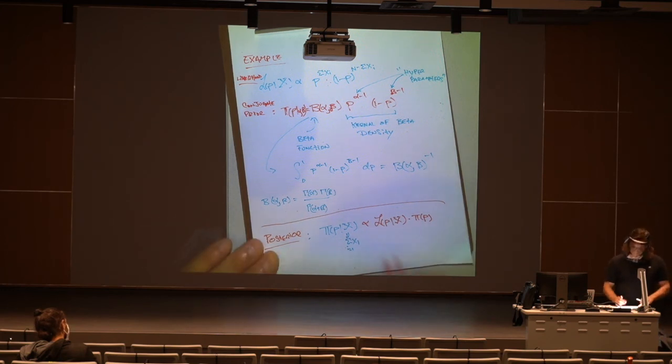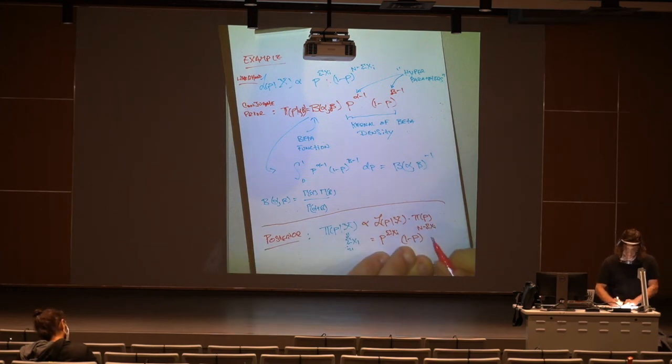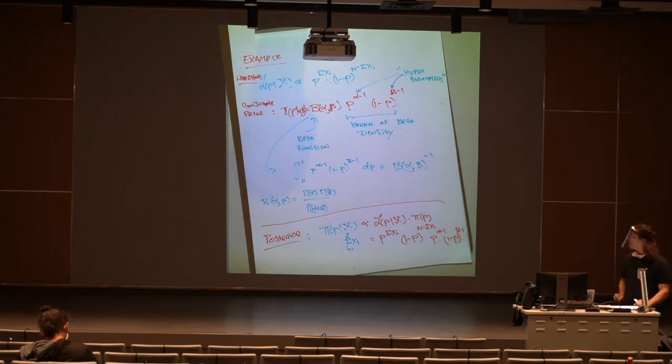So this is just equal to p to the sum of the xi's, times 1 minus p to the n minus sum of the xi's, times p to the alpha minus 1, times 1 minus p to the beta minus 1. So it's just a product of these things.